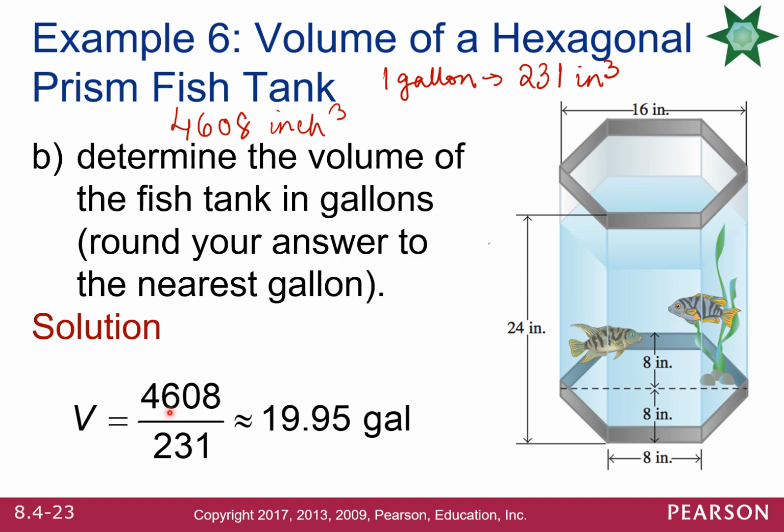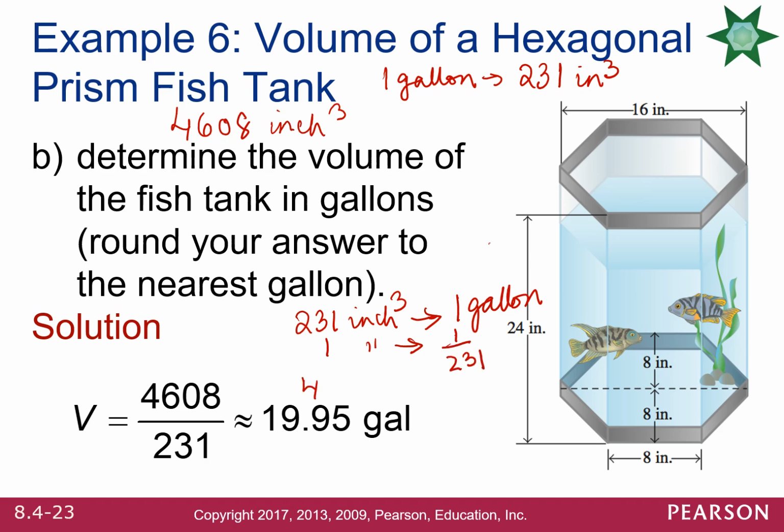Now, why did they do a division here? Why did they divide 4,608 by 231? Because 231 cubic inches represents 1 gallon. So 1 cubic inch would represent 1 upon 231.